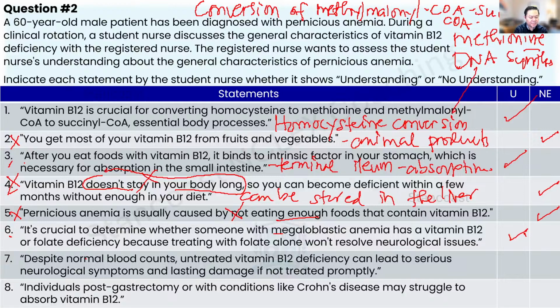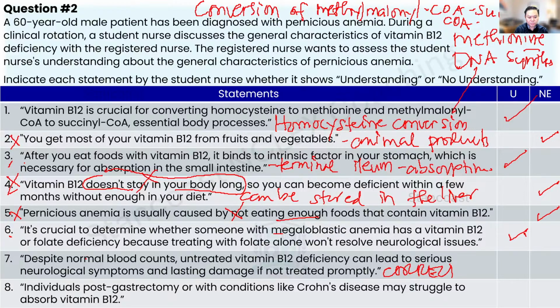Number 7, despite normal blood counts. What does it say? Despite normal blood counts, untreated vitamin B12 deficiency can lead to serious neurological symptoms and lasting damage if not treated promptly, which is a correct statement.